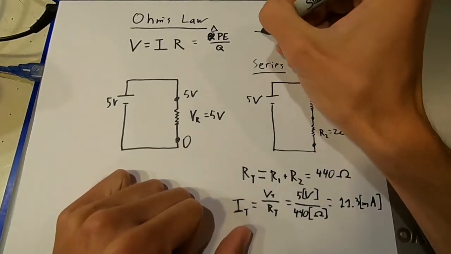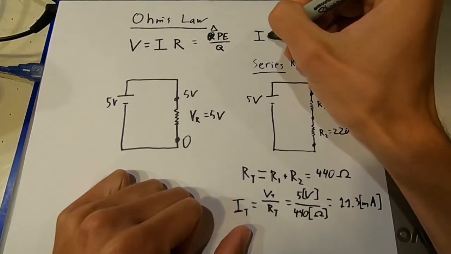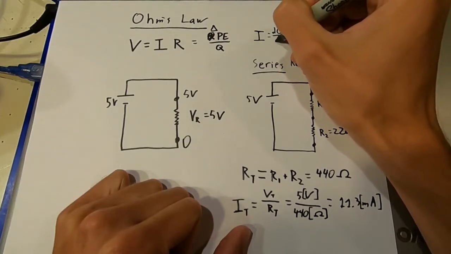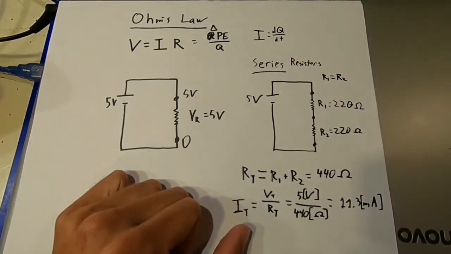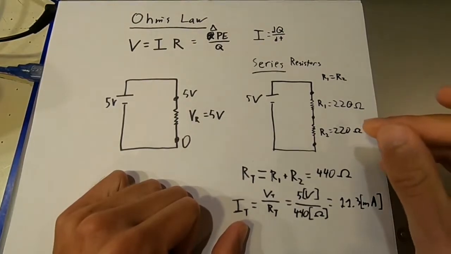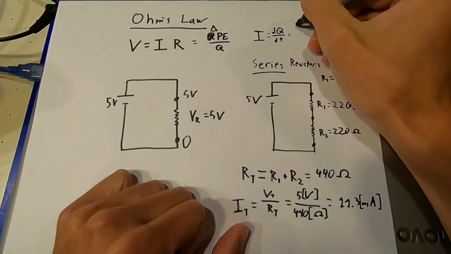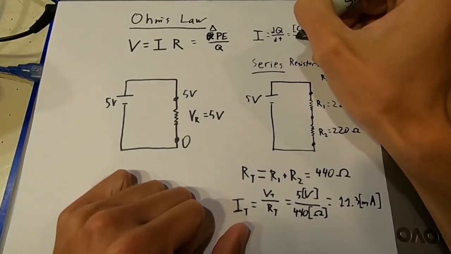So that's another thing that we should state. Current is basically the change in charge as it relates to time. So, how many units of charge are we moving through in 1 second? So this could be written as coulombs per second.